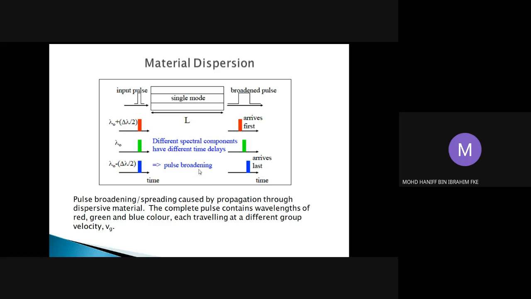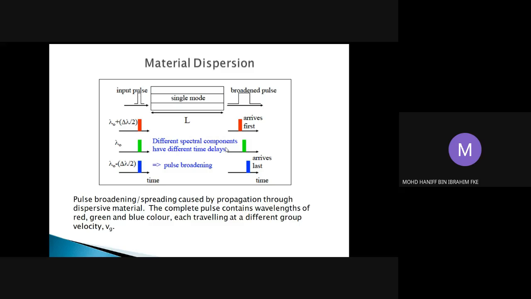So different group velocities will then affect the time delays, because we know that the light will travel the same distance, but due to different velocities, the time will be different, right? Because we know that velocity is distance divided by time. So distance is constant, velocity is different, so time will be different.